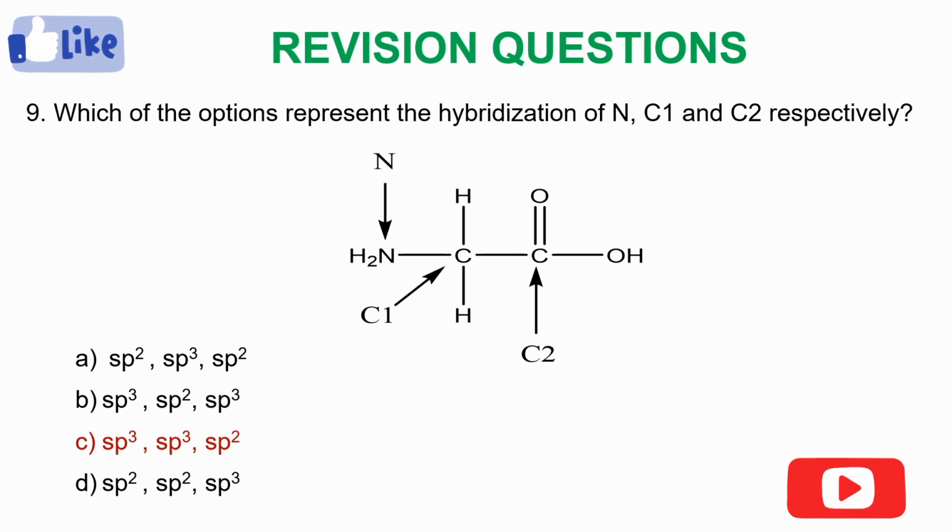Now, like we said in the example we talked about, the hybridization of primary amine is sp3. When you look at the carbon number 1, it's saturated system. So the hybridization of that carbon is sp3. The carbon number 2 is oxygen that bears double bond. So the hybridization is sp2. So my option becomes sp3, sp3, sp2.